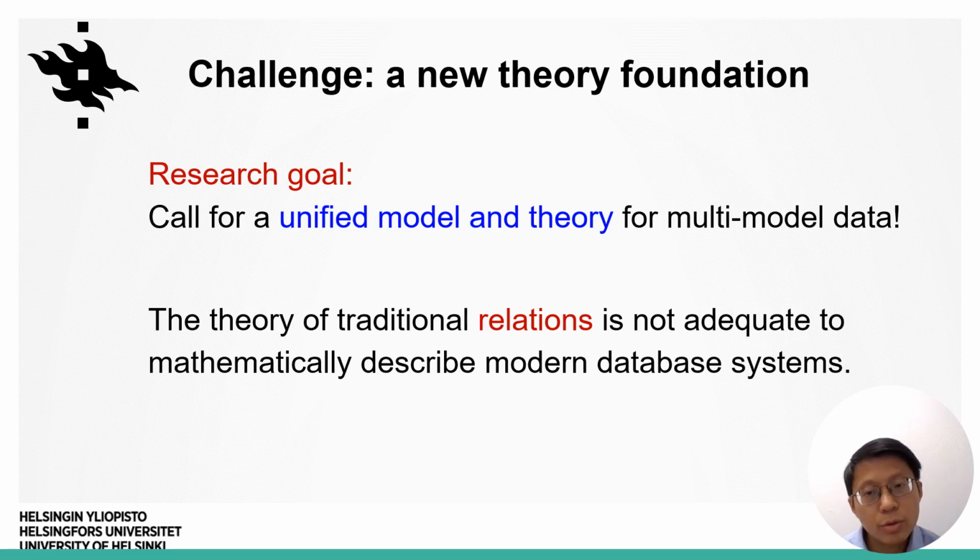One key challenge for multimodal database is to develop a unified model and theory for multimodal data. The previous traditional relation theory is only used for the relation table, but now we have the multimodal data. Therefore, we need to develop a unified new model and theory for multimodal data.